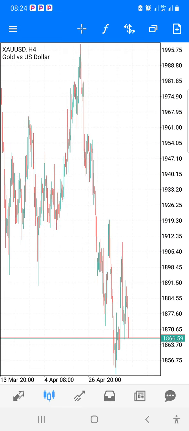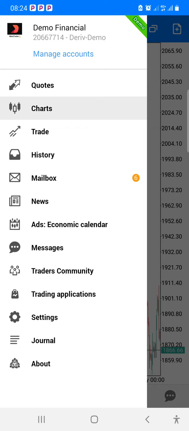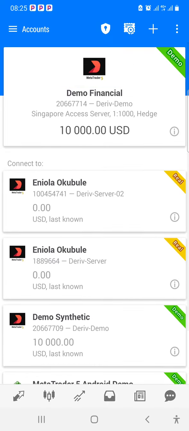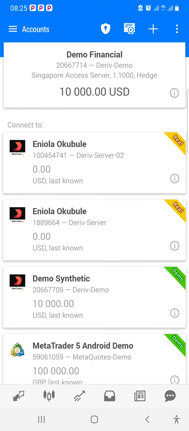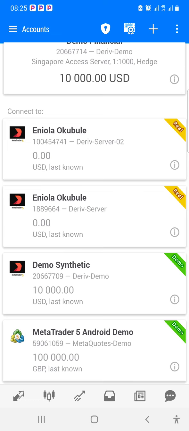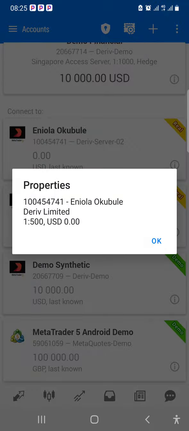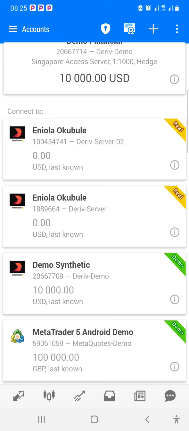All right, let's manage accounts. As you can see, these are the accounts we opened in the last video, which I expect everyone should have practiced by now. This is the demo financial, which is the demo account for the Forex market. There is a server that is the real account for the indices market.